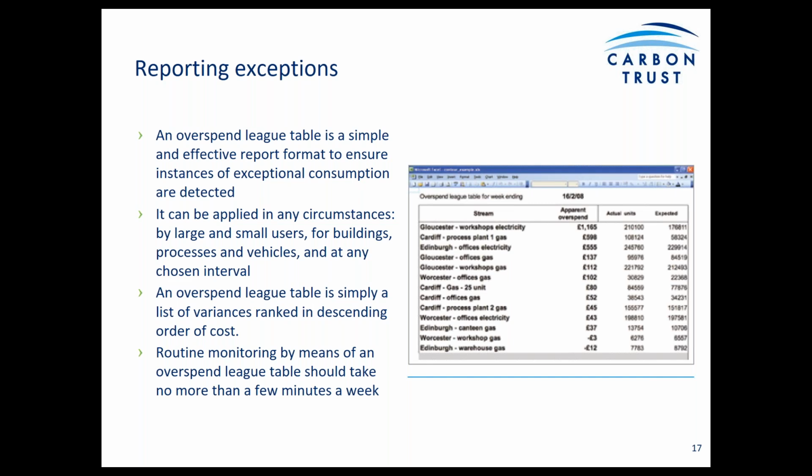So we can see in the example given here, we've got a number of UK sites that are operated by the one company, and the apparent overspend at those sites is ranked in order of urgency. And what we mean by the variance there is essentially the difference between the actual consumption of the energy used versus the expected energy consumption that we have already defined.